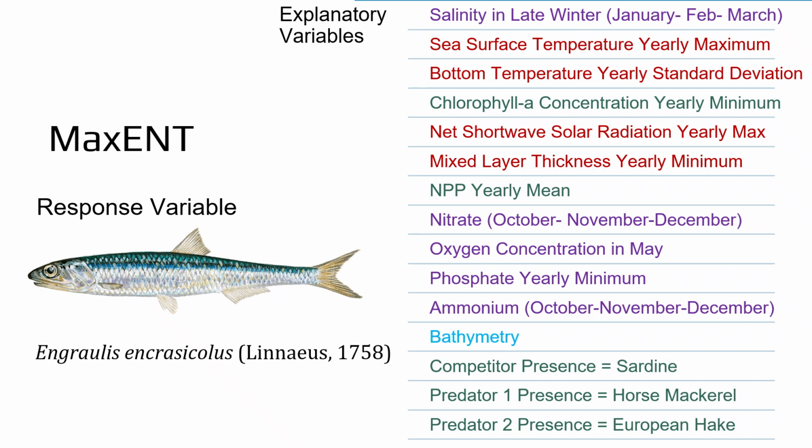So here we've combined different chemical factors, including salinity in winter, different nutrient concentrations in the fall, oxygen concentrations in May, as well as different environmental factors such as sea surface temperature maximums, standard deviation, variation in the bottom temperature, different measurements of chlorophyll, competitor, predators, in order to give us this understanding of the main drivers that could be influencing the distribution or the possible spawning habitat of the anchovy.